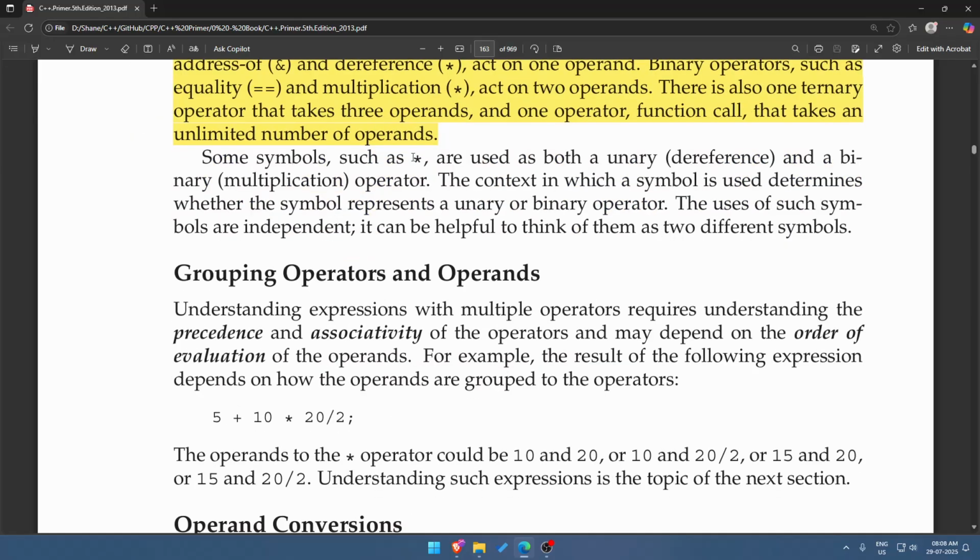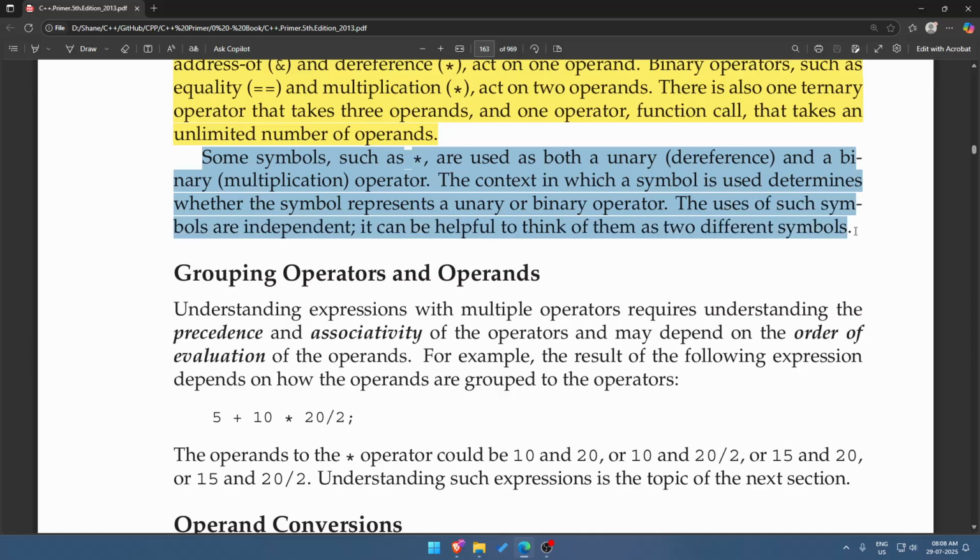Some symbols such as asterisk are used as both the unary dereference and the binary multiplication operator. The context in which a symbol is used determines whether the symbol represents a unary or binary operator. The uses of such a symbol are independent. It can be helpful to think of them as two different symbols.